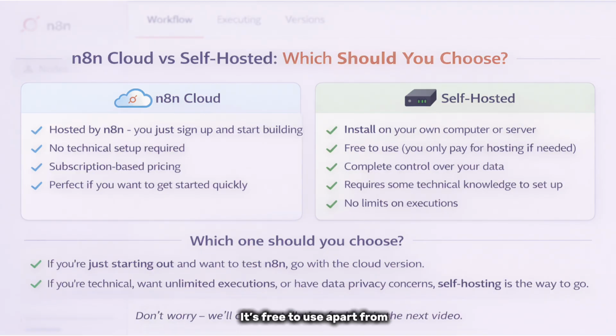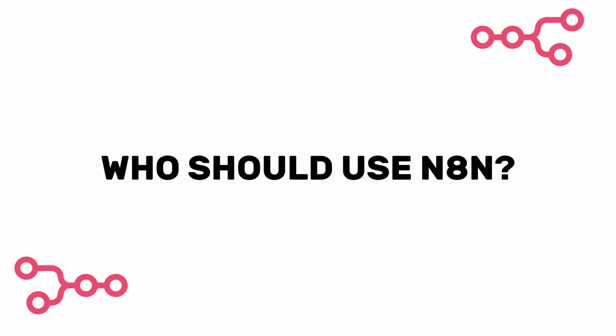It's free to use apart from hosting costs, gives you full control over your data, removes execution limits, and offers maximum flexibility. But it does require some technical know-how to set up. If you're just getting started or experimenting, the cloud version is the easiest entry point. If you're more technical, need unlimited executions, or care deeply about data privacy, self-hosting is the better choice. Don't worry, we'll walk through setting up both options in the next video.